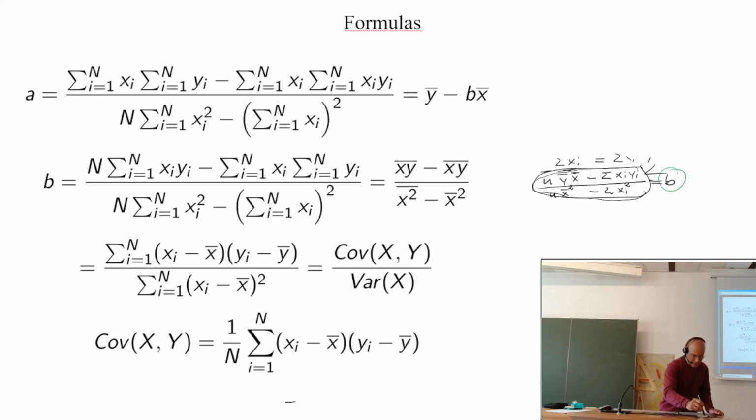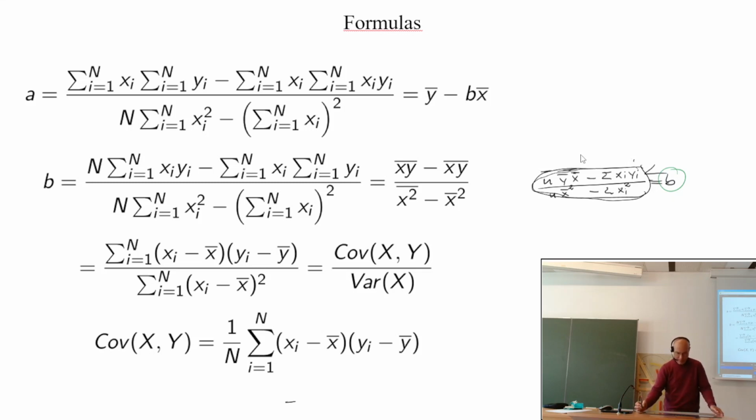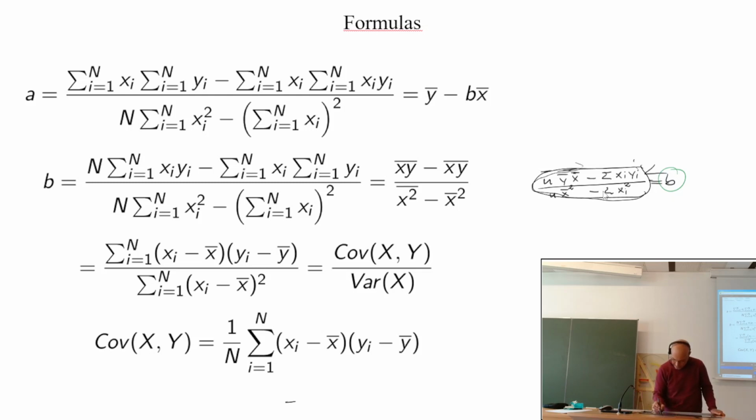So what do we have here? This part we have here, sum over, oh, I did it the other way around. How can I show this?